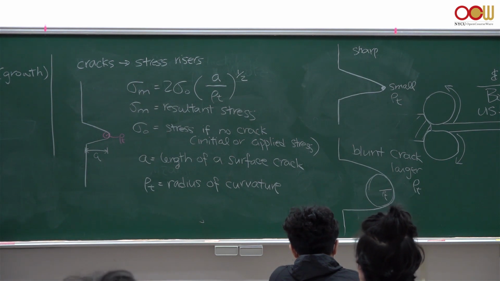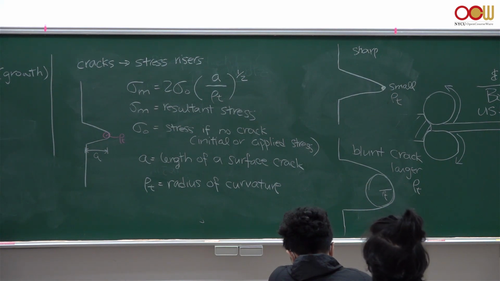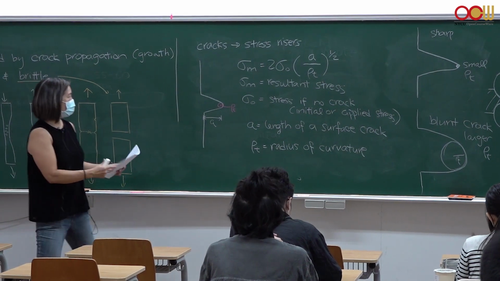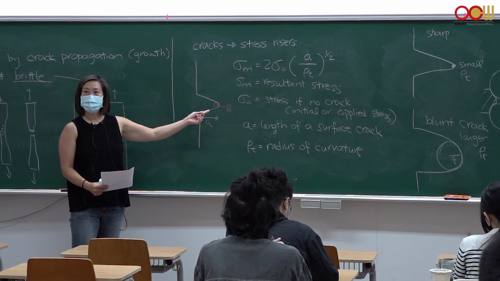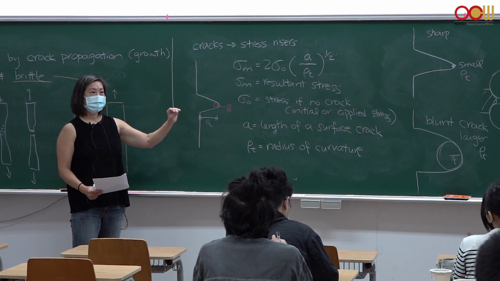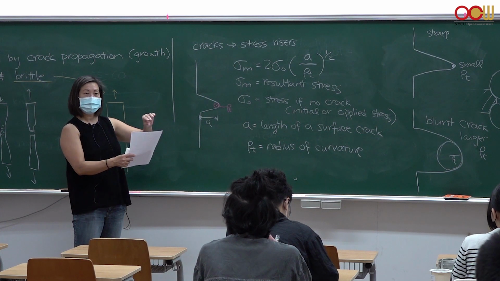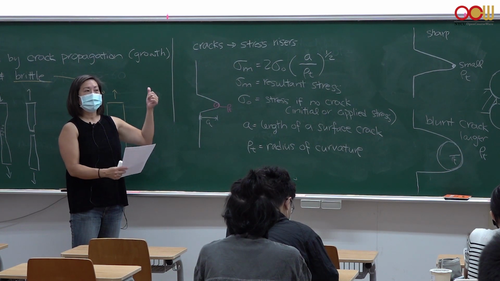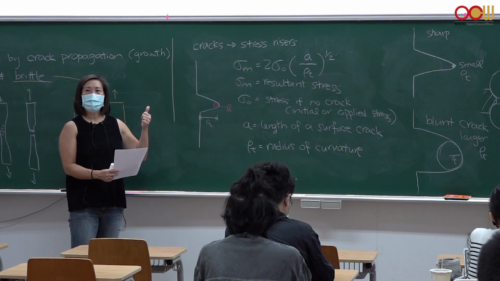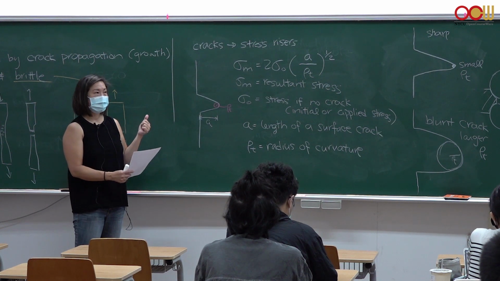So the magnified stress depends on two things: how long is the crack, the A, and how sharp is the crack. Because the sharper the crack, the fewer atoms are involved in resisting the stress, right? And so the higher the resultant or magnified stress becomes.